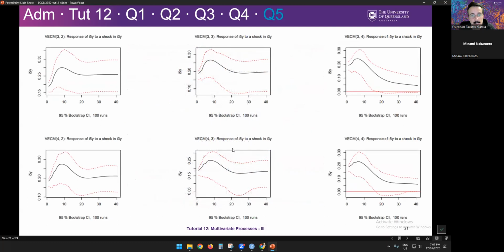So let's go there. Look, they are pretty similar with co-integration rank 2 and 3. But when you have an unrestricted VAR, it approaches 0 a little bit more.